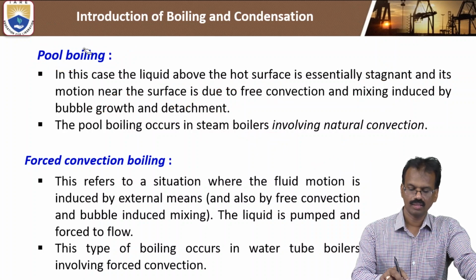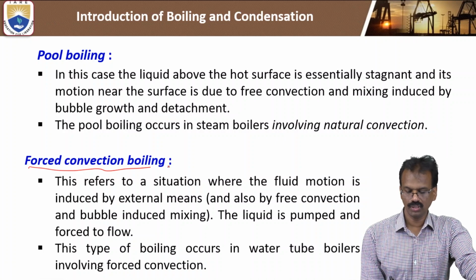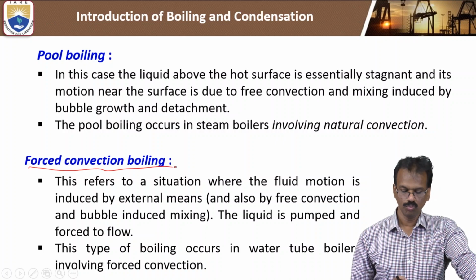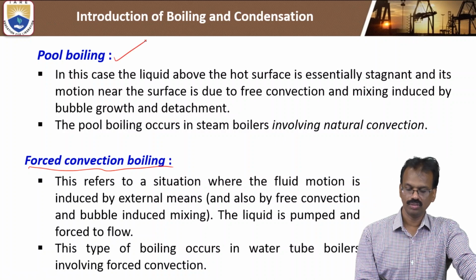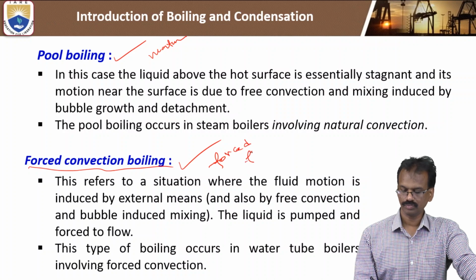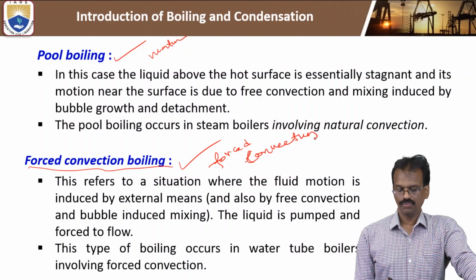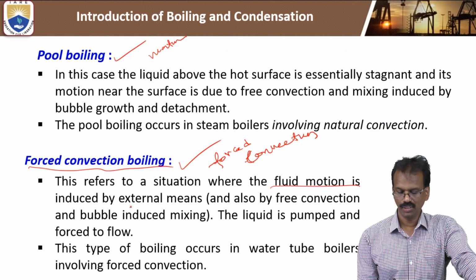Okay. So the next one is forced convection boiling. Forced convection means the movement of the particles occurs by some external agent. You know this one: this is based on natural convection, and this is based upon forced convection. This refers to a situation where the fluid motion is induced by external means.